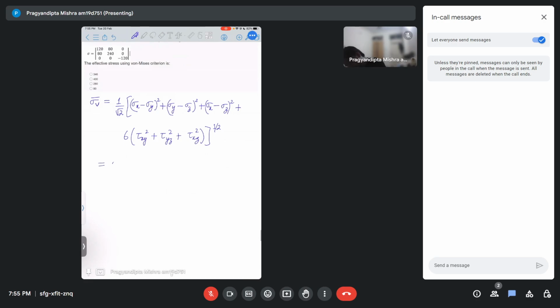What all do we have? 1 by root 2 times sigma x minus sigma y. We have sigma x, sigma y, sigma z. All three we have.